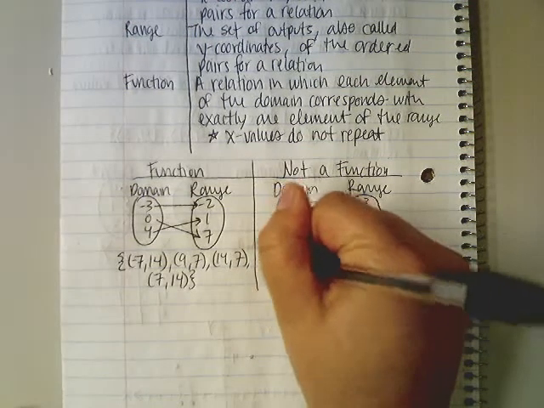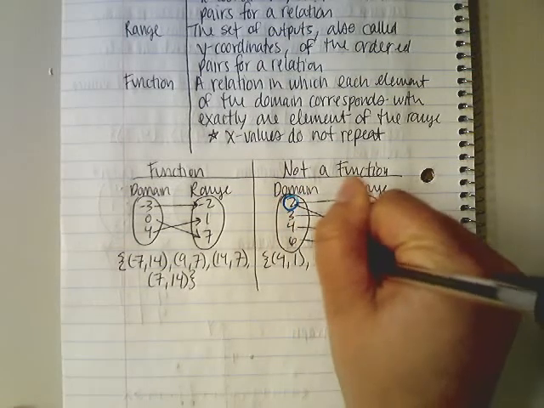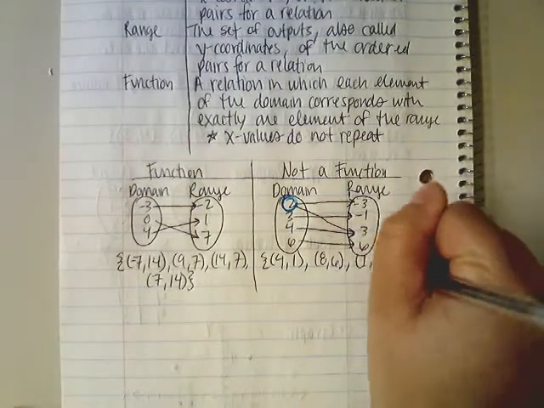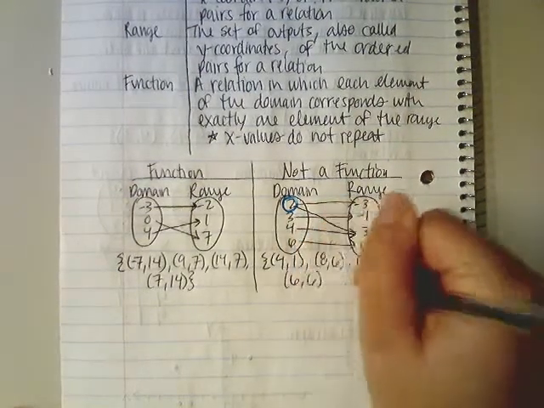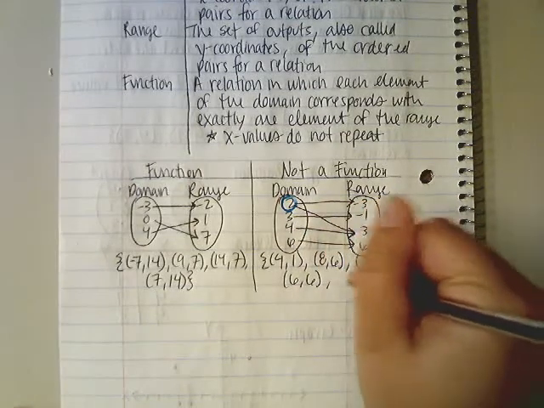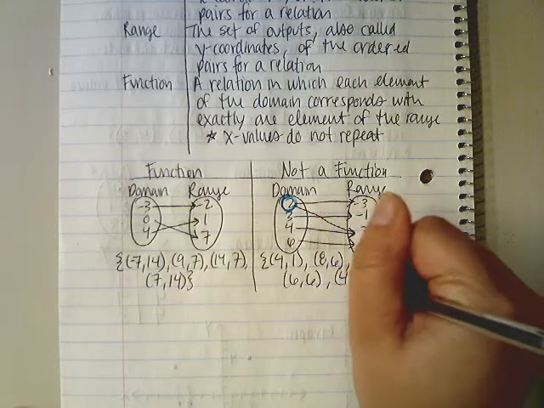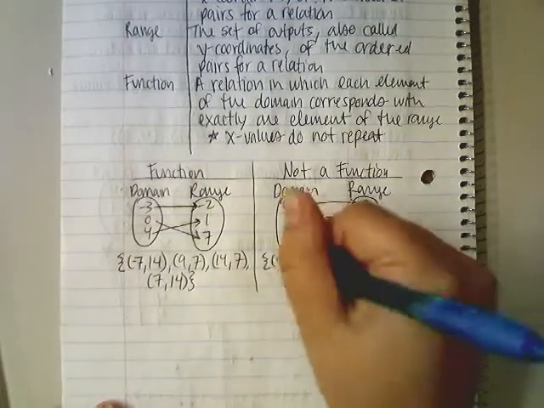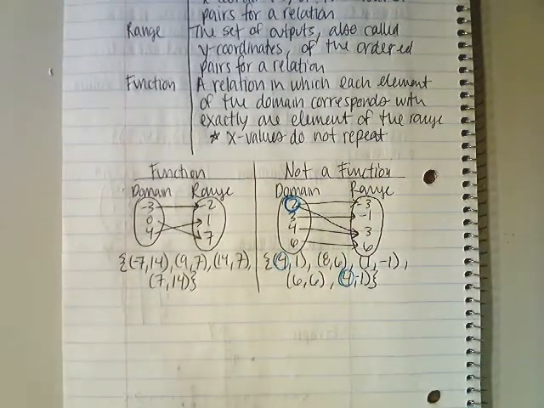However, if we did have ordered pairs like (4, 1), (8, 6), (1, -1), (6, 6), and (4, -1), then we see the 4 repeats here and here, so it is not a function.